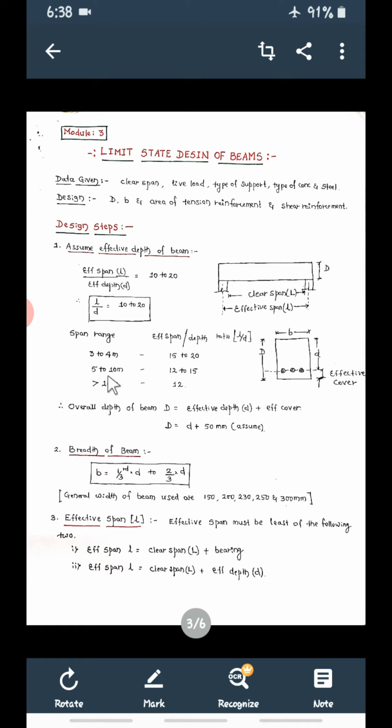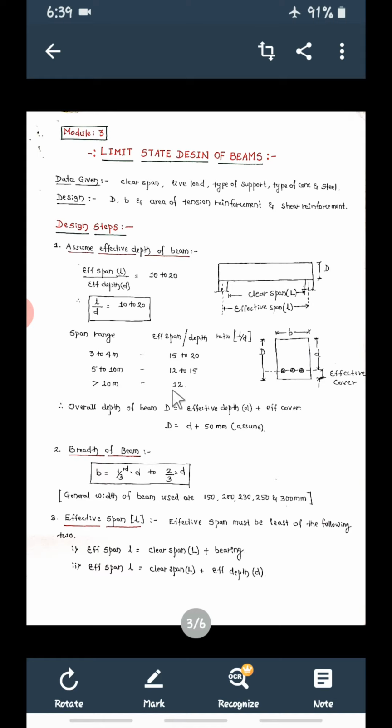Then if the span is 5 to 10 meter, you have to assume 12 to 15. If the span is more than 10 meter, the length of the beam is more than 10 meter, we have to assume L by D equal to 12. So 3 to 4 meter, L by D is 15 to 20. 5 to 10 meter span, L by D is 12 to 15.